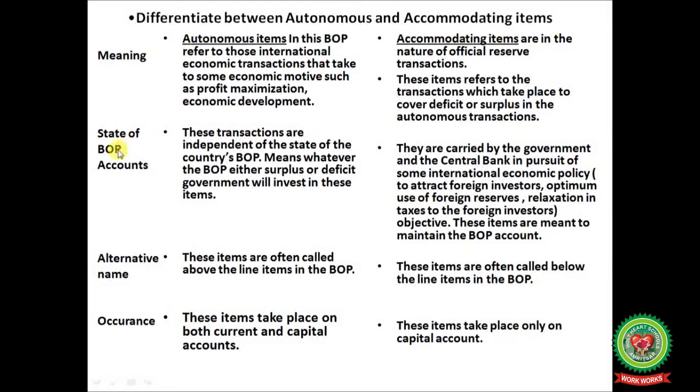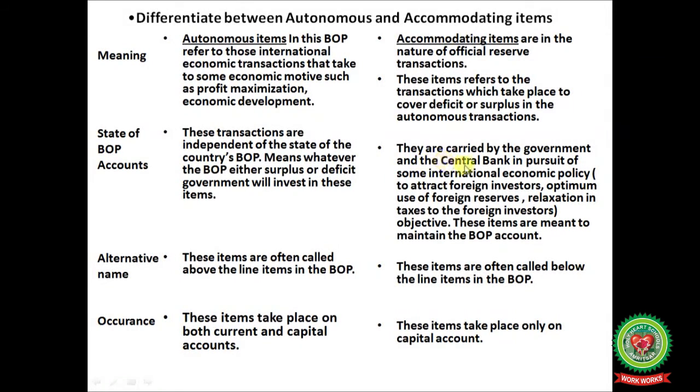Next one is state of balance of payment account. Autonomous transactions are independent of the state of the country's balance of payment. It means that whatever the balance of payment, either surplus or deficit, the government will invest in these items.